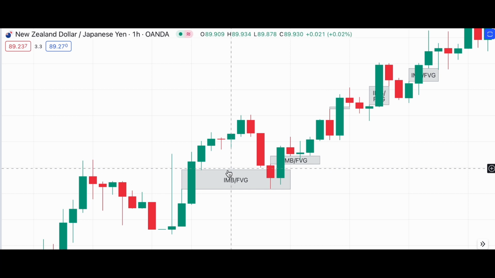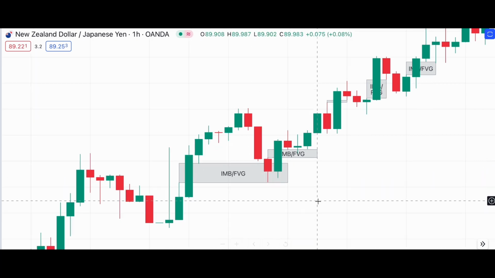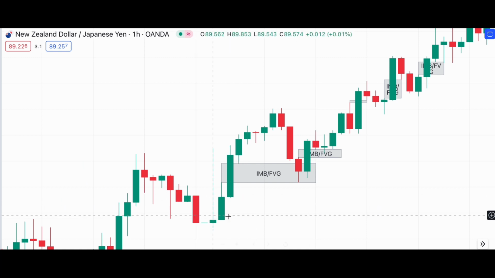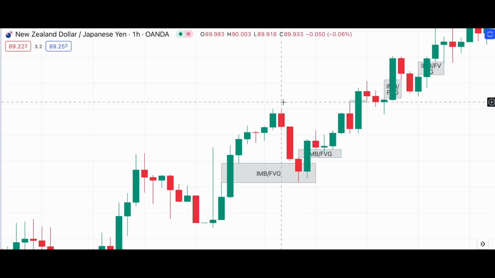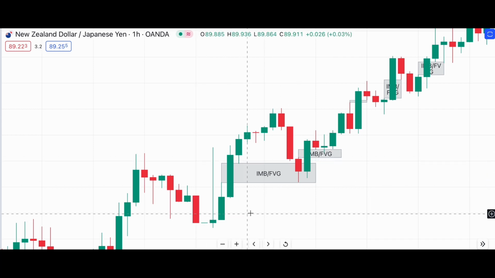So what is the purpose of looking at this kind of imbalance? Because if a supply and demand zone is created with the imbalance, then it will be a good zone.